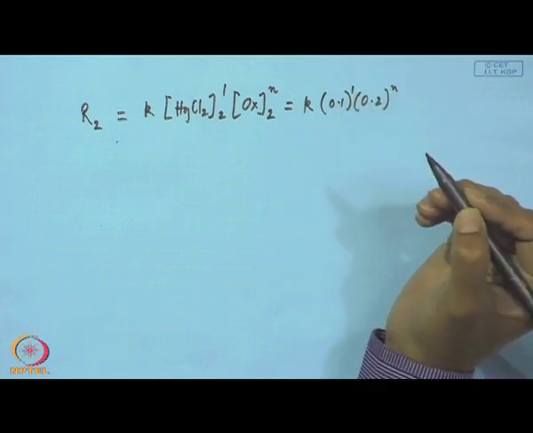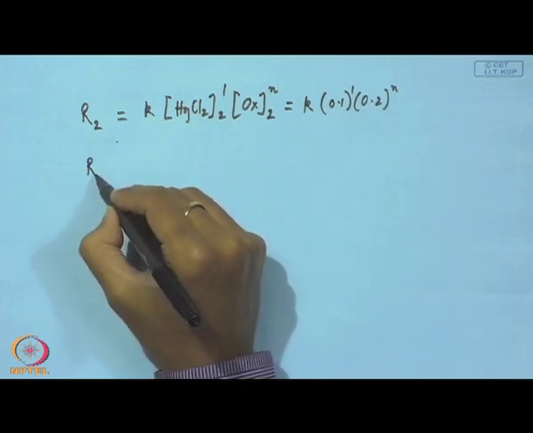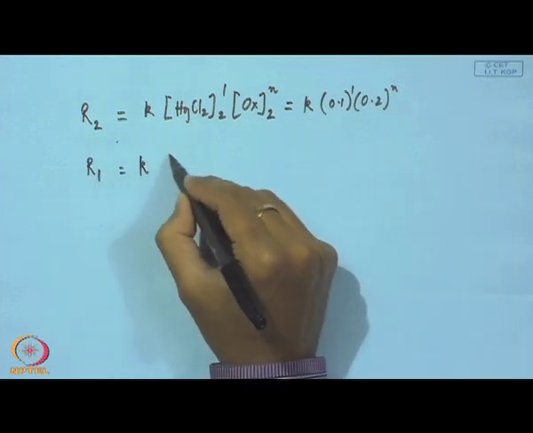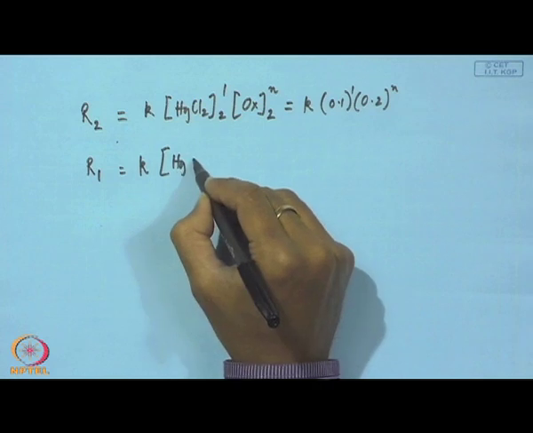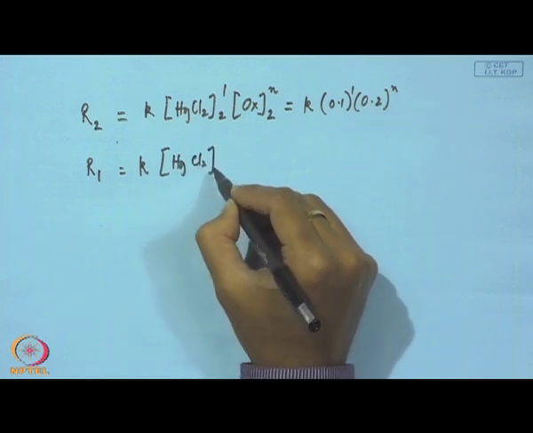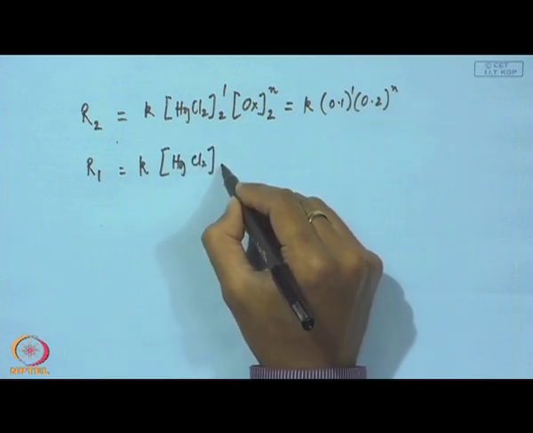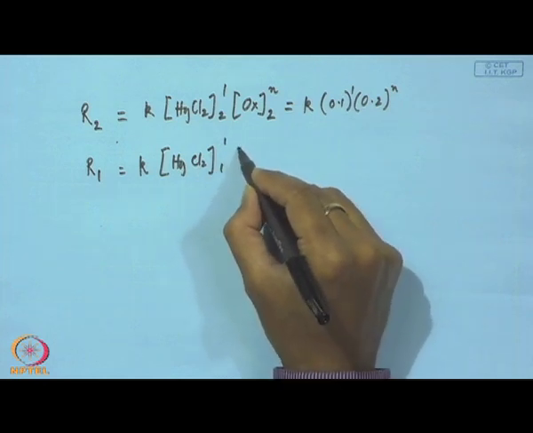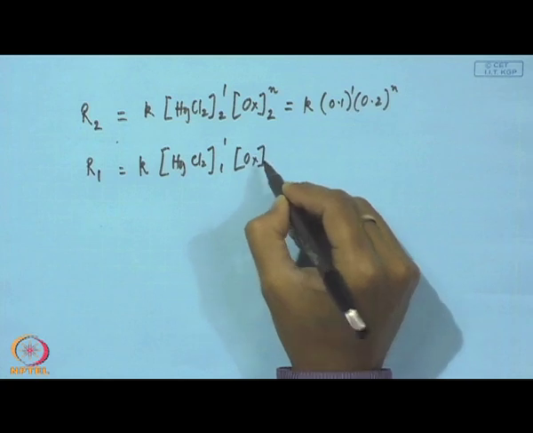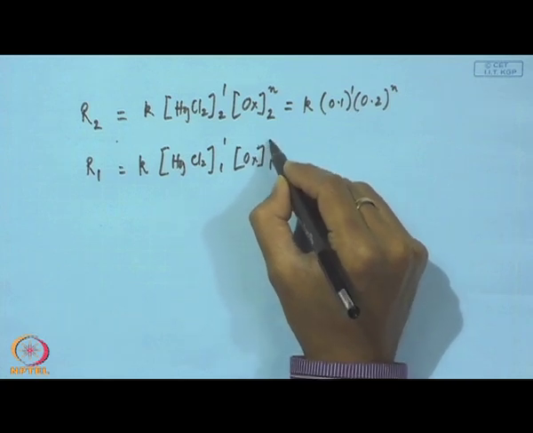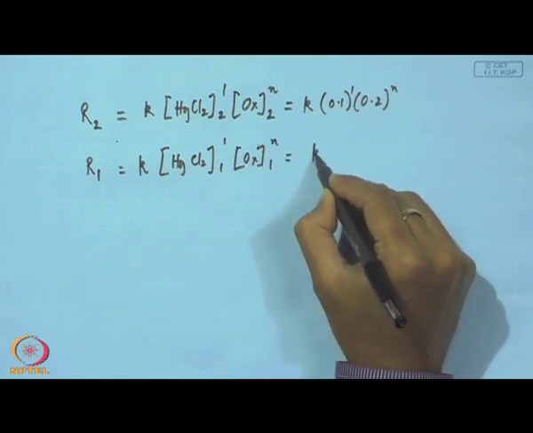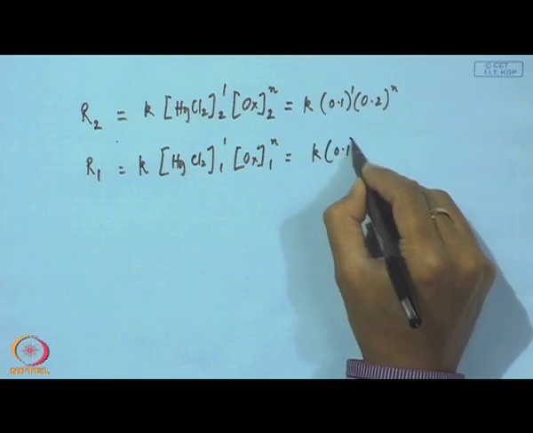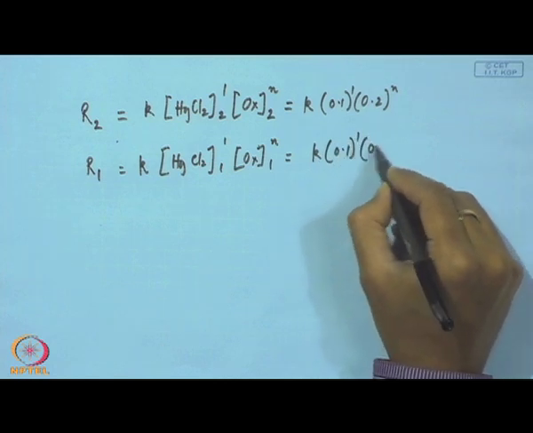In the same way, R1 is equal to K HgCl2 set 1 to the power 1, then oxalate set 1 to the power n, which is K into 0.1 to the power 1 and 0.1 to the power n.